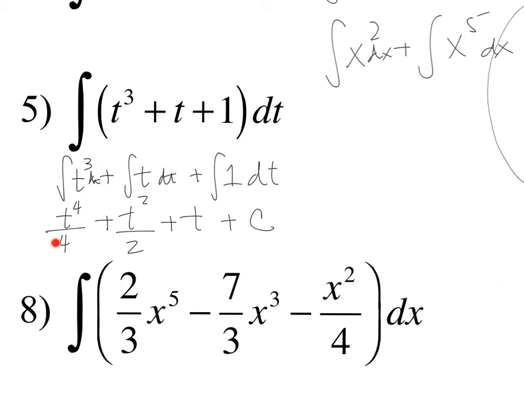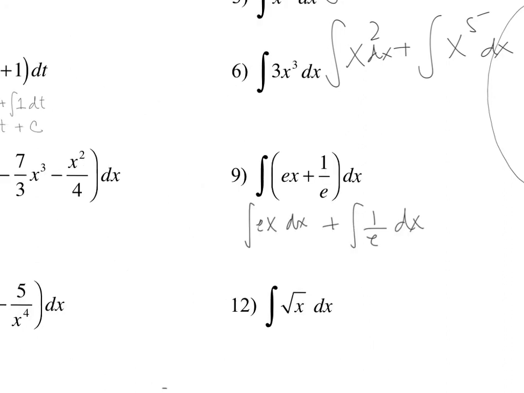Power rule, t to the 4th over 4. Power rule, t to the 2nd over 2. The integral of 1 is t. How do I know it's t and not x? Because it's all dt. And if you derive t, you will get 1. So the integration of 1 is back to t, plus our arbitrary constant c. Always and forever your arbitrary constant c. Take the derivative of this, and you should end up right back here.